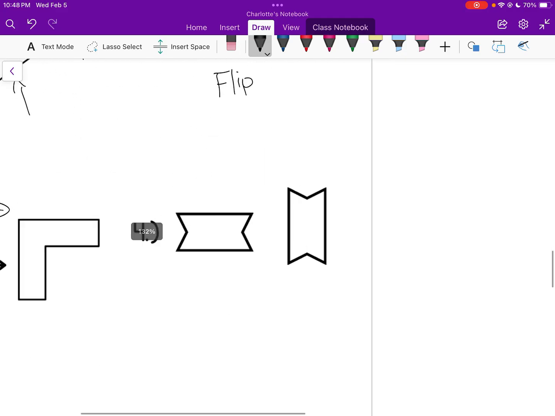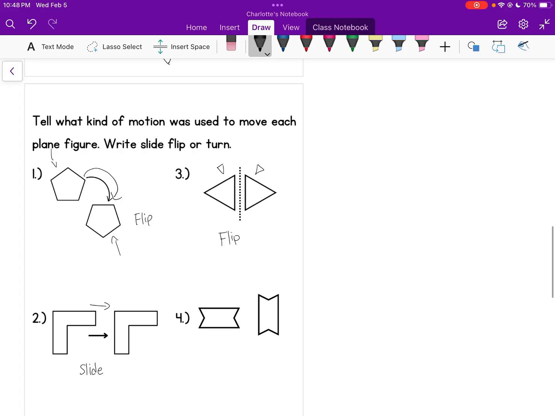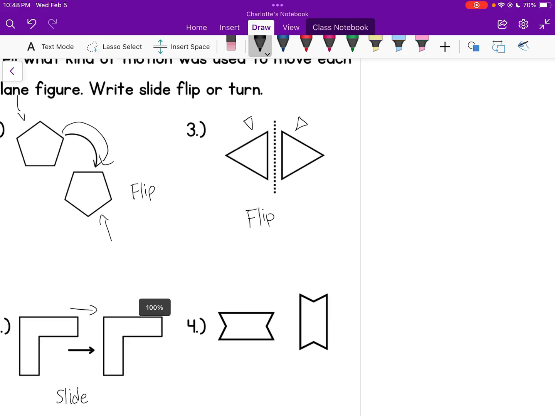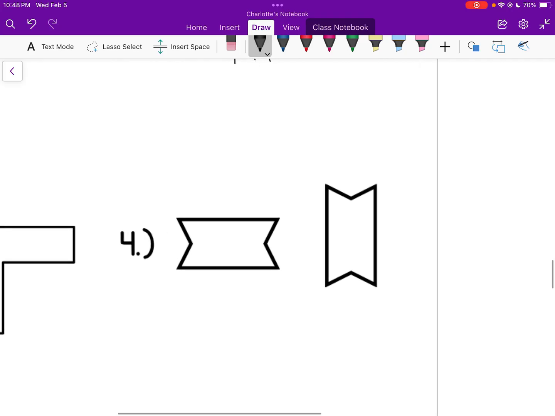And number four, this one, let's see. If it's flipped, then it should just look the same. Or maybe if it had an arrow on the right side, then it should be a slide. But in this case, it moved from here to here, so this should be a turn.